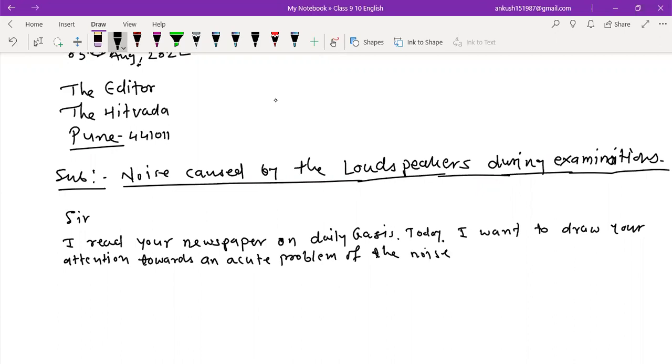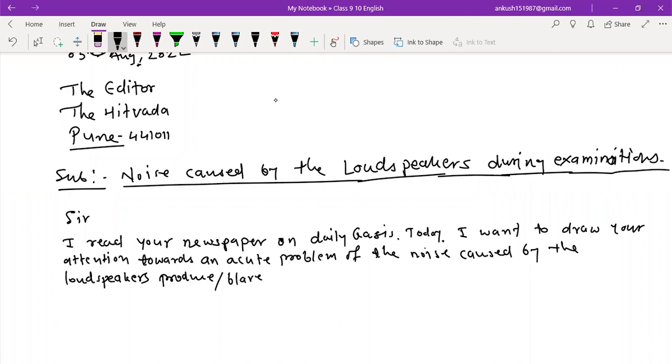The noise caused by the loudspeakers that they produce, or there is another word, that is blare.